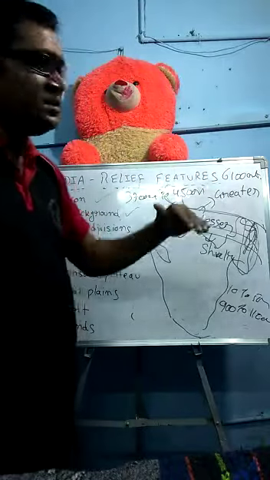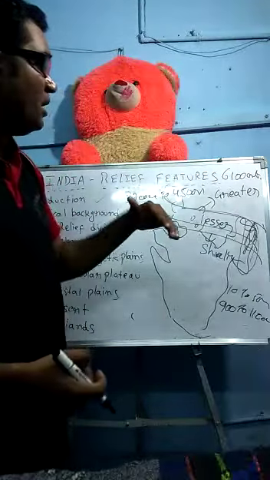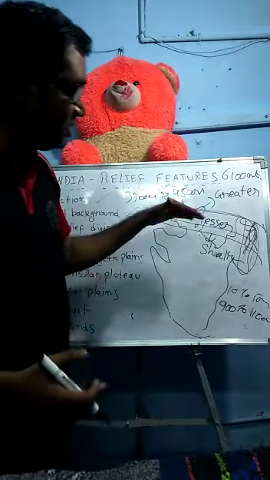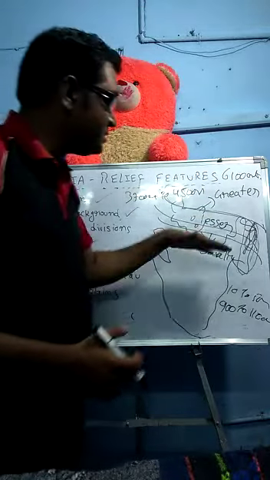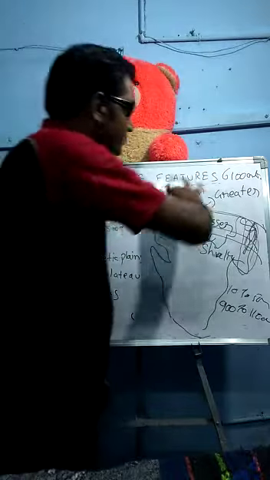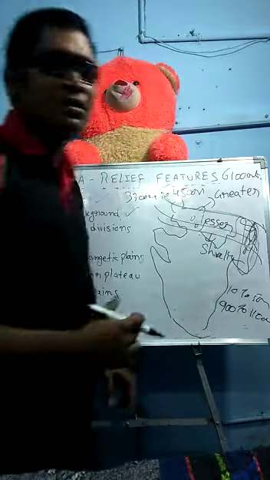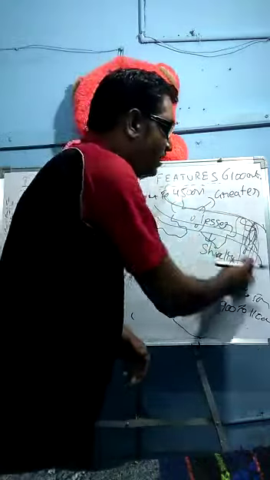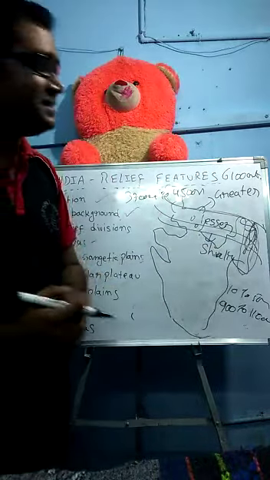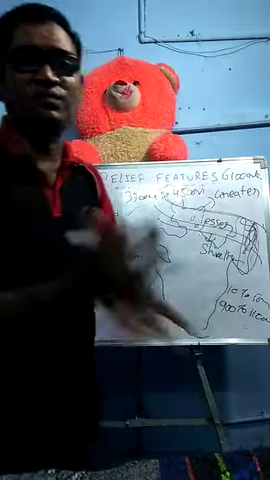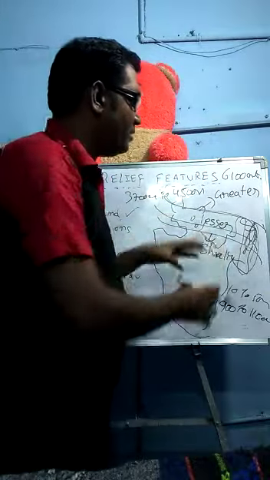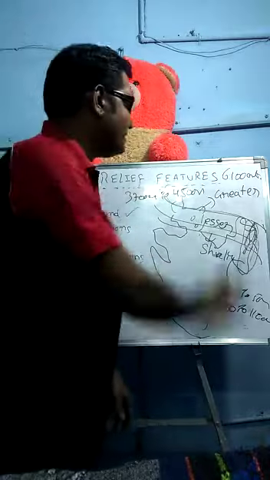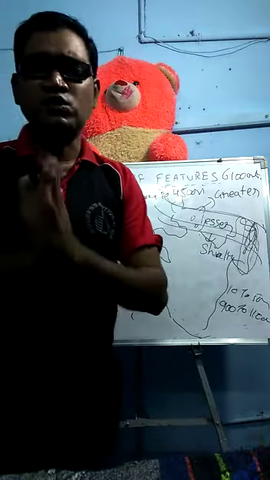And the Brahmaputra valley and Arunachal Dihang valley, this overall part we call the Purvanchal region, a combination of many hills. This is about the details of the Himalayas. Okay, students, thank you.